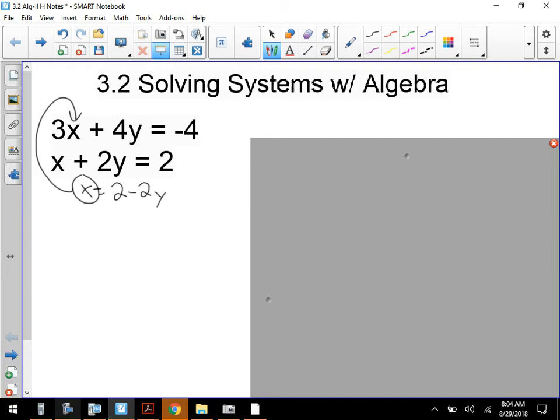Now, one of the things that most people will screw up here is they'll forget to distribute to the second term, so just make sure you write it out. When you do a couple of these, especially to start out with, it does not hurt to draw your distribution arrows so you don't screw it up. So we have 6 minus 6y plus 4y is negative 4.